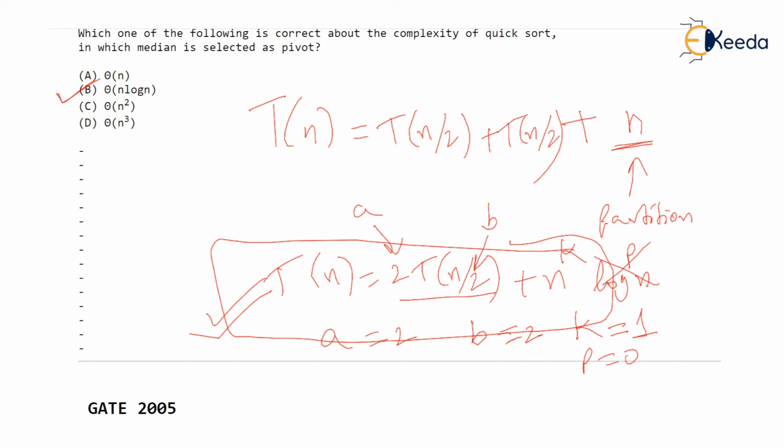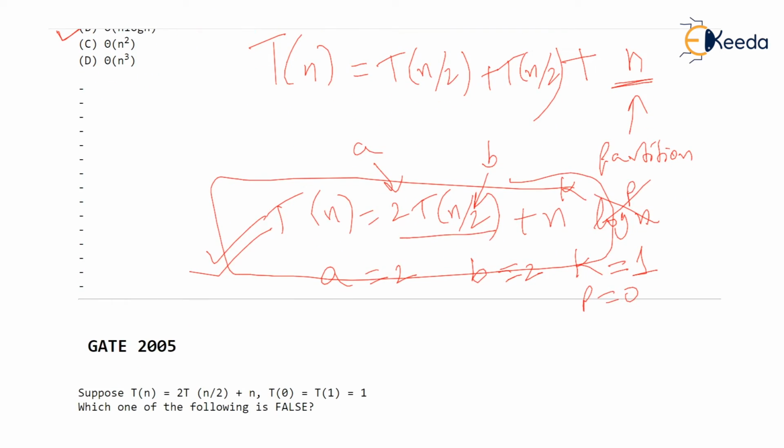And you can see that according to Master's theorem, we are having case 2, because a here is equal to b raised to k: 2 is equal to 2 raised to 1. And within case 2 of Master's theorem, we had a sub case. If p is greater than or equal to minus 1, as you see, this is true here, because p is 0. 0 is greater than or equal to minus 1.